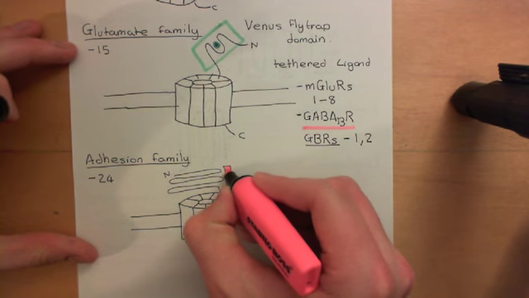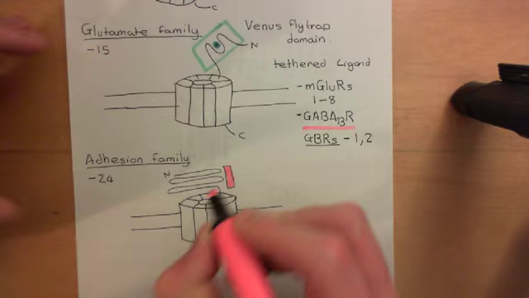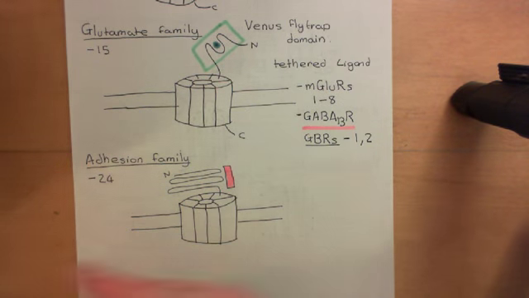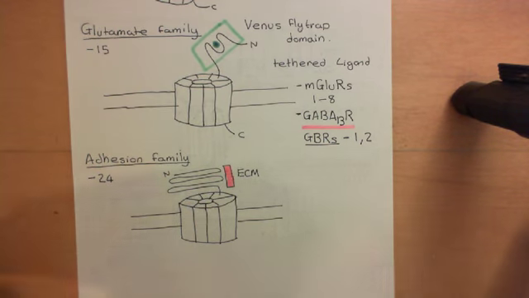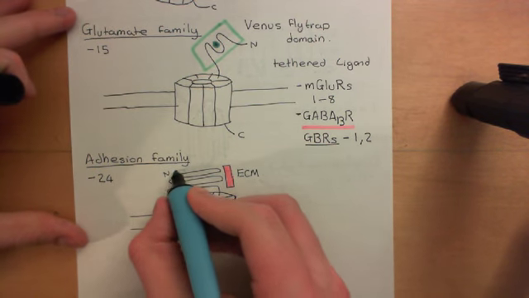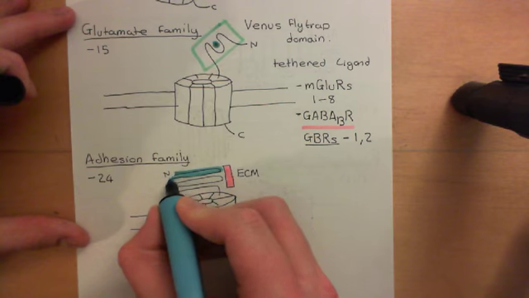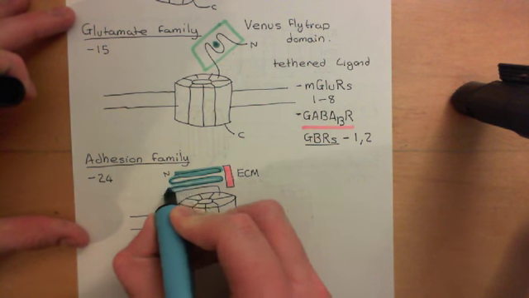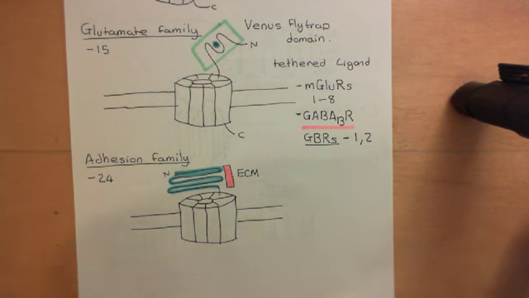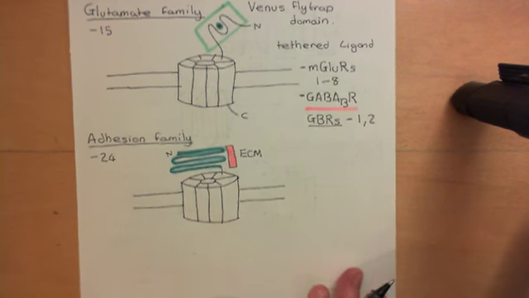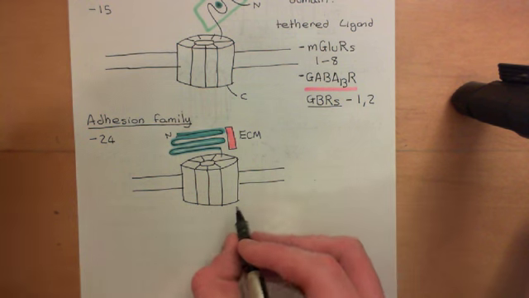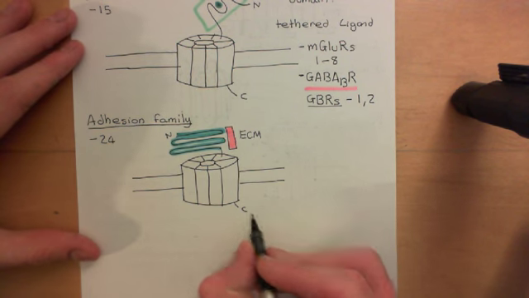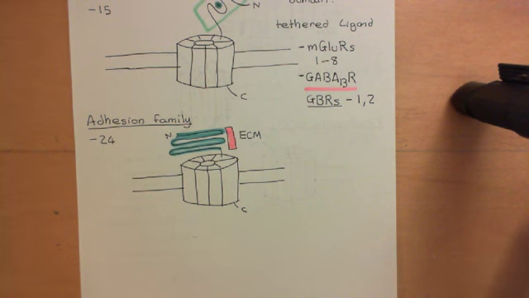So this, in red here, can represent a component of the extracellular matrix. So this is the extracellular matrix. And this is the extremely large amino terminal domain here in blue. Now, unfortunately I don't know anything about these either, so I can't give you examples of adhesion family G-protein coupled receptors, but that, nevertheless, is the general structural features that these adhesion family G-protein coupled receptors do have.